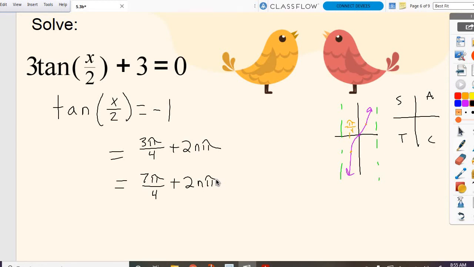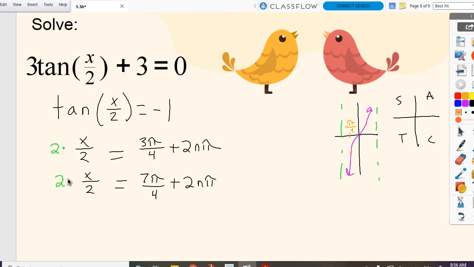But when we undo the tangent that we had, we're just going to be left with what's on the inside. So before now, it's just been x or theta. What's different here is that now we have x divided by 2. So basically we have to take one step more and solve for our x.